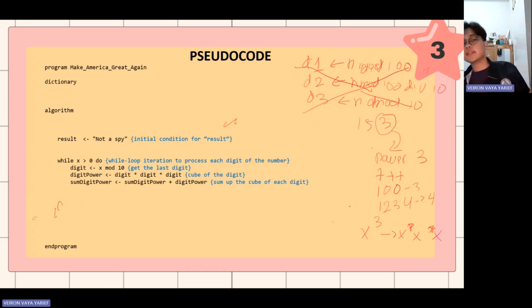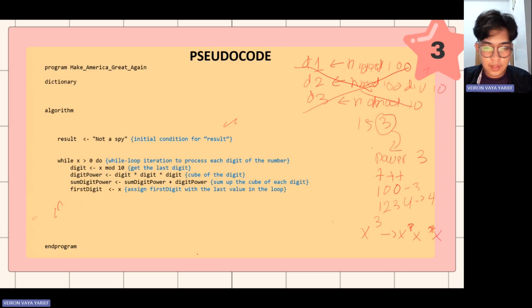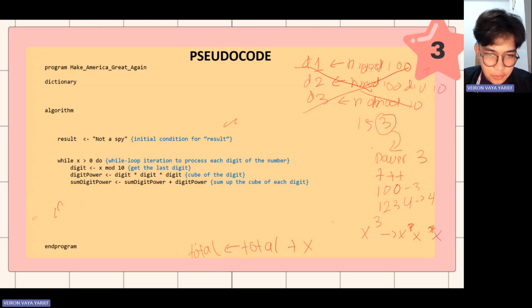And the next thing, we need to sum digit power plus digit power. Maybe you guys are familiar with this: total is total plus x. Focus on the total variable, it is a sum variable.